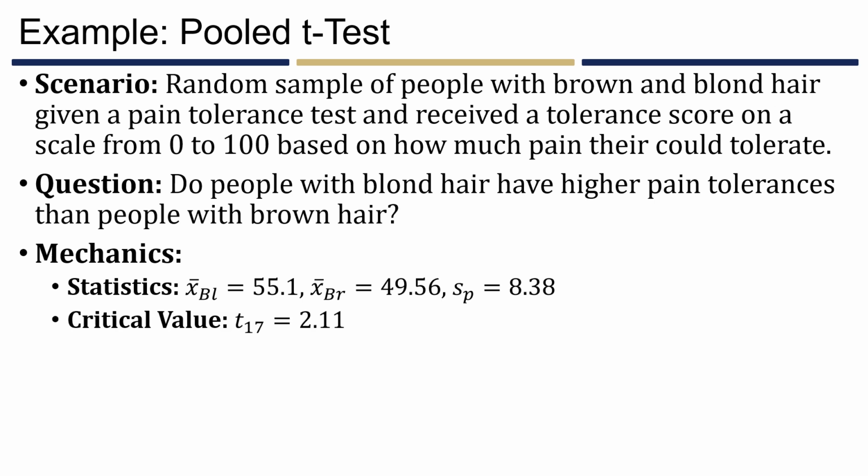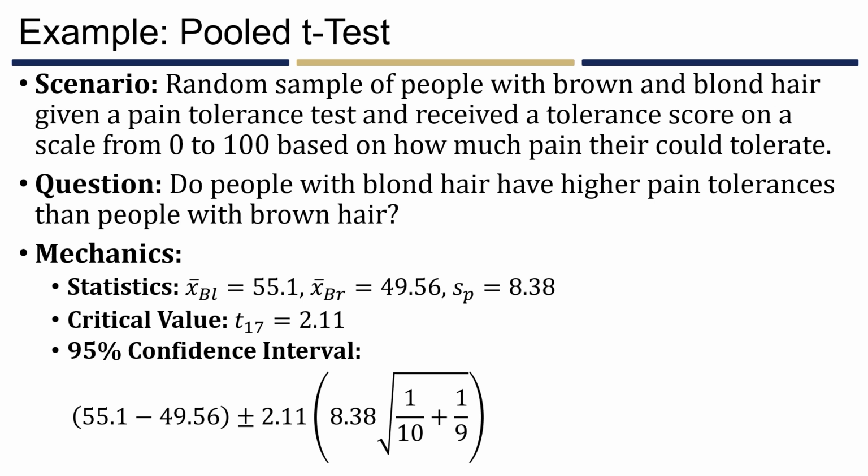The critical value is going to be 2.11, and our confidence interval here is going to be calculated by taking the difference between our sample means, 55.1 minus 49.56, plus and minus our critical value of 2.11, times our standard error of 8.38 times the square root of 1 over 10 plus 1 over 9. This is going to give us a lower bound of negative 2.58 and an upper bound of 13.67.